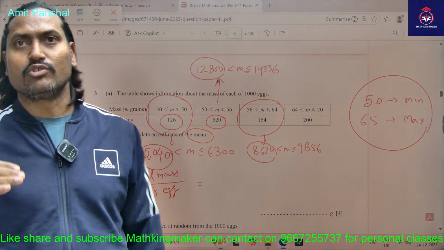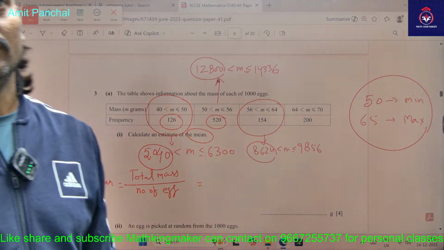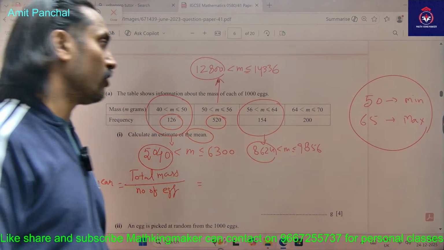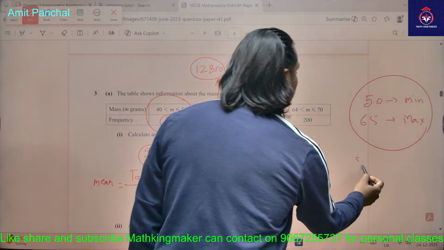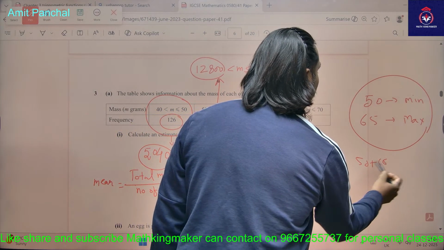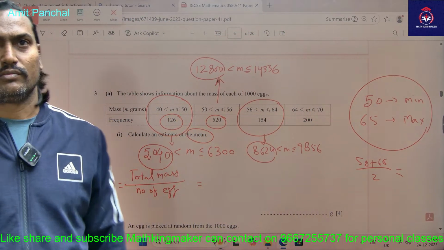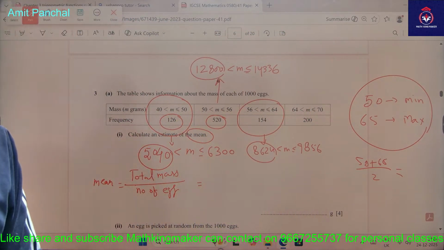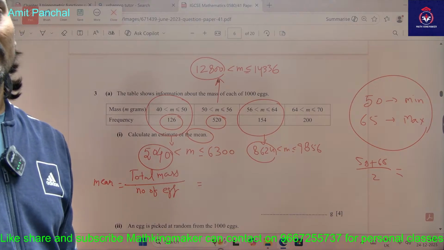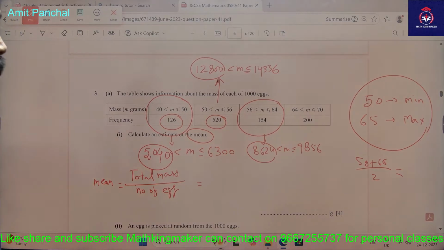So you will be closer to the mean. So 50 plus 65 divided by 2. I just need to take the middlemost value of the mass and then multiply that by the frequency, and take maximum values. Just do it now and check your answer.